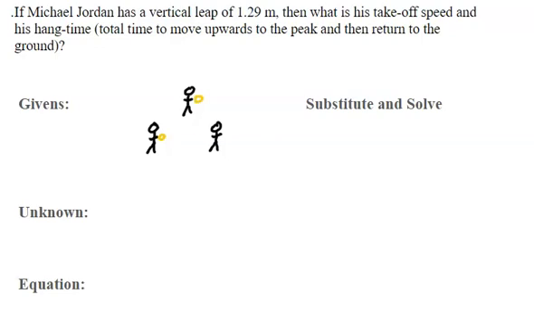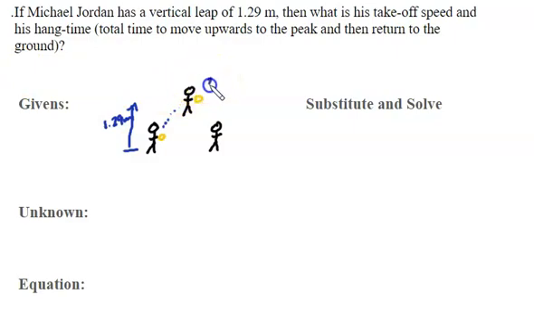First off, if Michael Jordan has a vertical leap of 1.29 meters, we know that when he starts at the ground, he moves in this direction, 1.29 meters. And the first part of the question is really only concerned with Jordan getting up to the top.